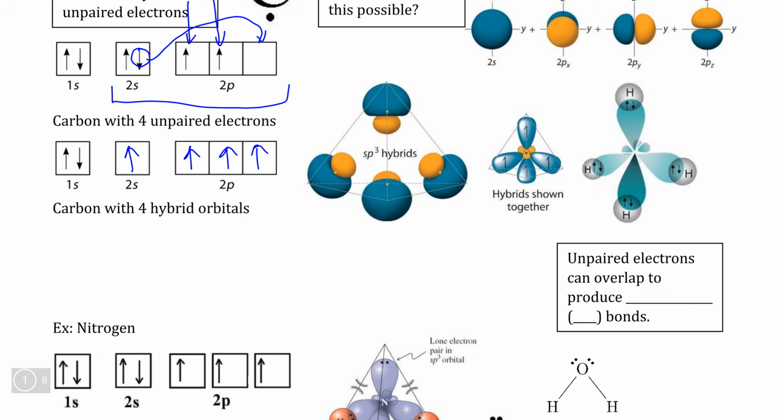Well, the simple answer is if we were to combine the 2s and 2p subshells into a single subshell, dare I say a hybrid subshell, this would resolve the problem.